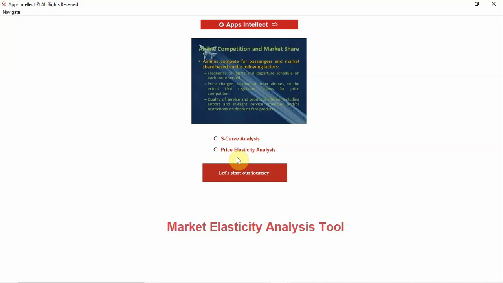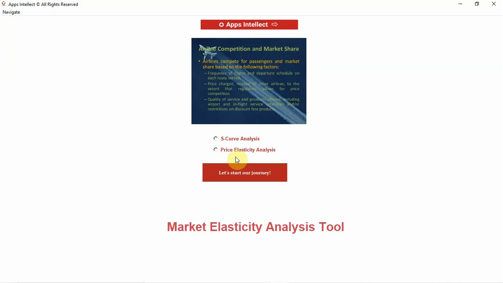So first we will look at the S-curve analysis application. Airlines compete for passengers and market share based on the frequency of services and departure schedules on each route served, the price charged relative to other airlines, quality of service, and the products offered at the airport and in-flight.